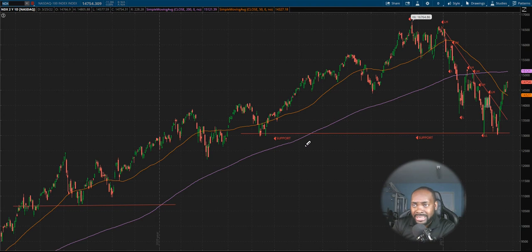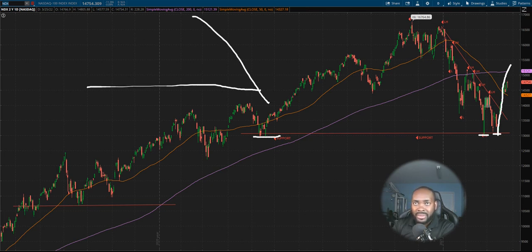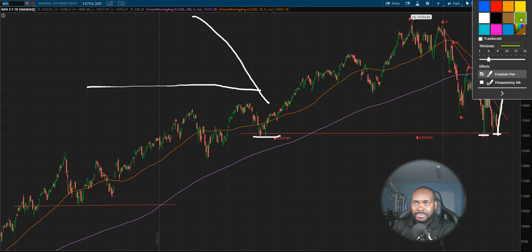In this case, price action hit support, came back, hit support, hit support again, and now we have a breakout. Now, as far as pattern recognition goes, guys, this pattern is simply an ascending triangular pattern, right? What do I mean?